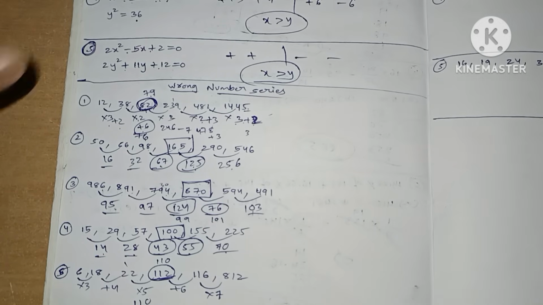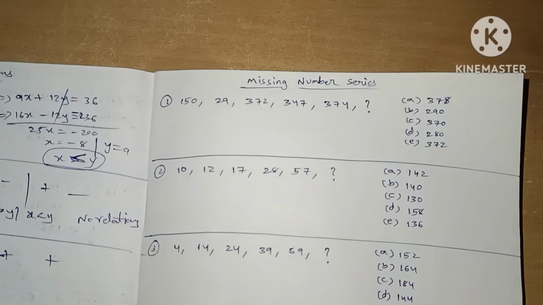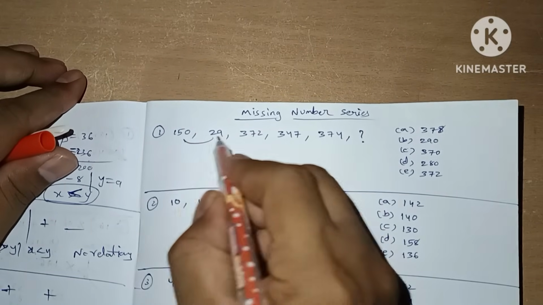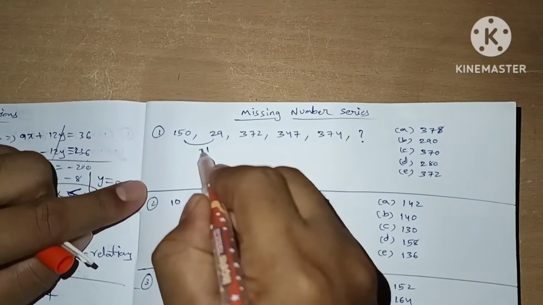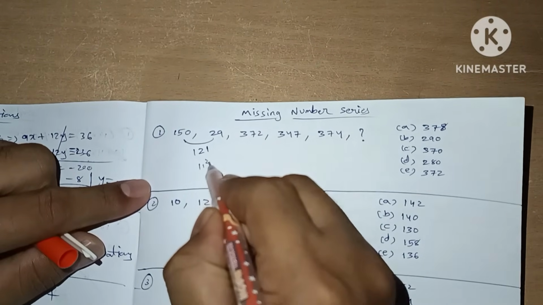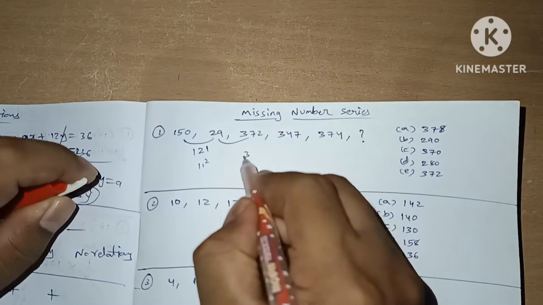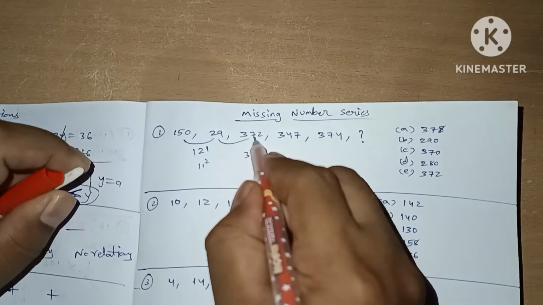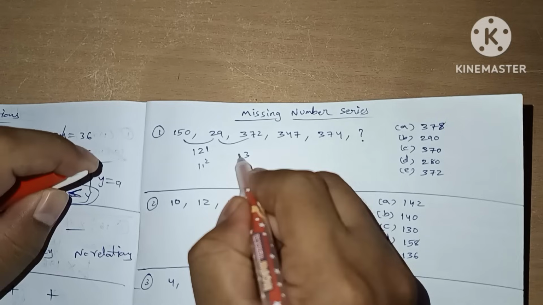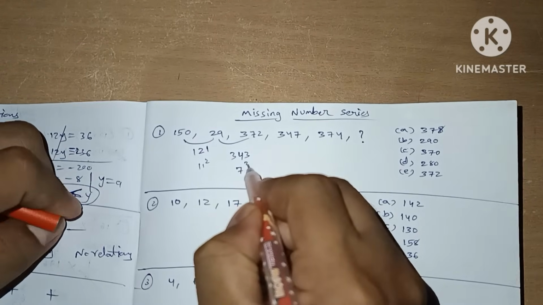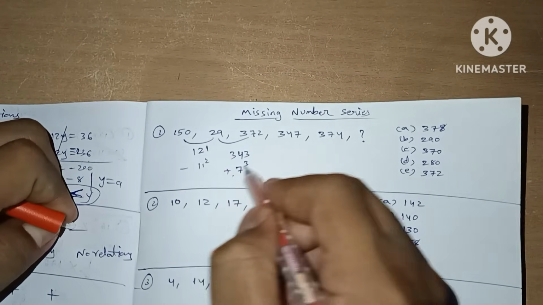Now we are going to see missing number series. Missing number series, first question. Here we see the difference of 1, 2, 1. So 11 square. Here we see a difference of 3, and this is 6 minus 2. 6 minus 2 will be 4, and 3, 343, which is 7 cube. This is minus, plus.